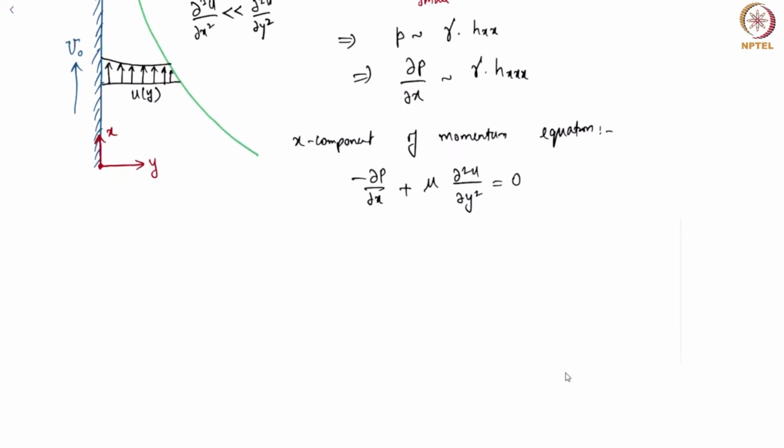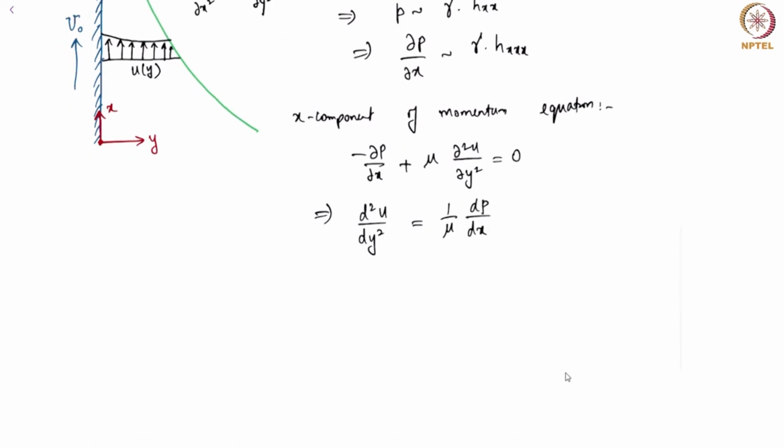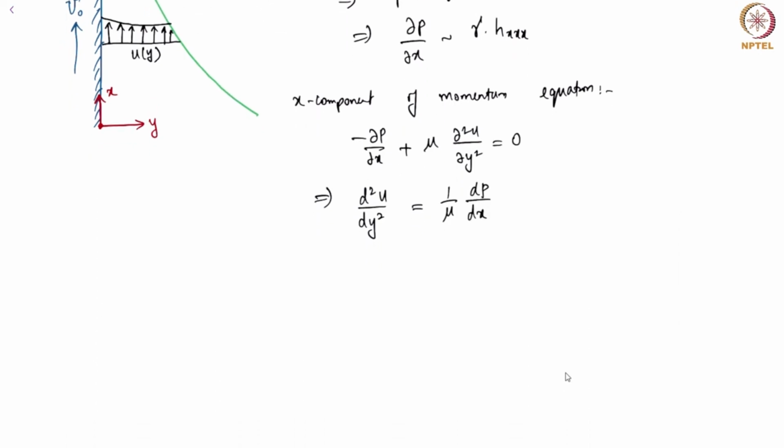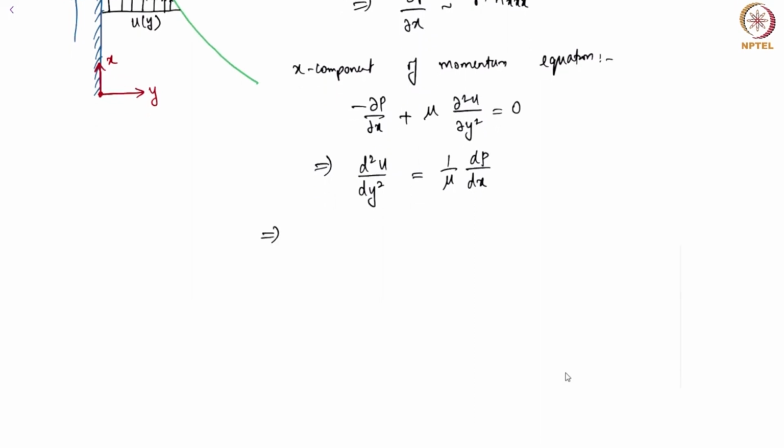Now, I have this equation here, and if I say that the velocity is a function of y alone, I can write it as a total derivative. The pressure gradient is primarily because of the curvature term, and therefore I can integrate this.